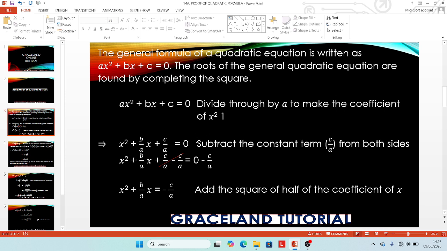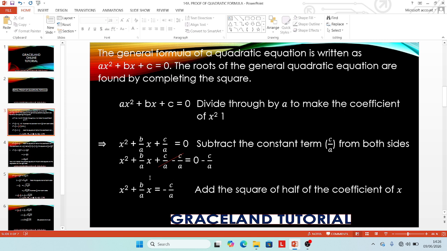The next step, we are going to subtract the constant term c over a from both sides. The constant term is c over a. Subtract it from both sides. So we have x squared plus b over a x plus c over a minus c over a is equal to 0 minus c over a.